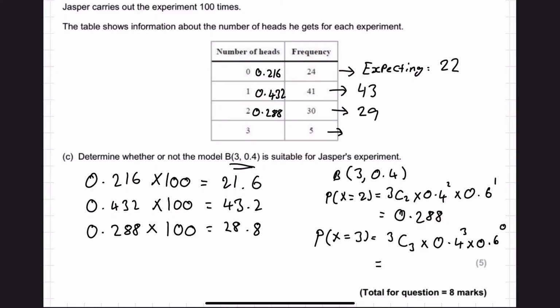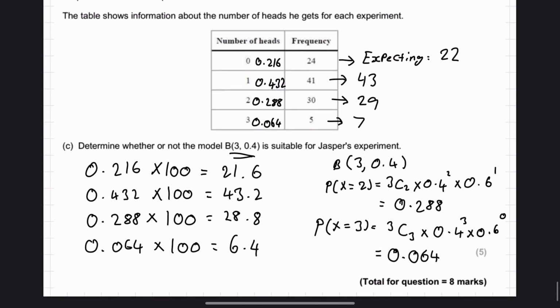So that's just the same as 0.4 cubed, which is 0.064. So if I take my 0.064 and I times it by 100, I get 6.4, which I'm going to say is around 7.